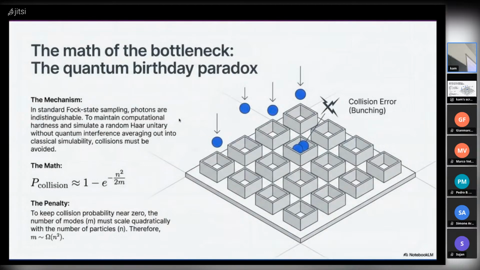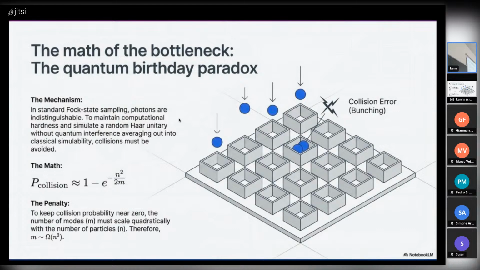Why you need a large number of modes is to avoid this kind of birthday paradox. Birthday paradox means that you have a classroom with many persons, and because you have only 365 days, if you have around 50 persons, then you might have over 50% probability that I and you have the same birthday.